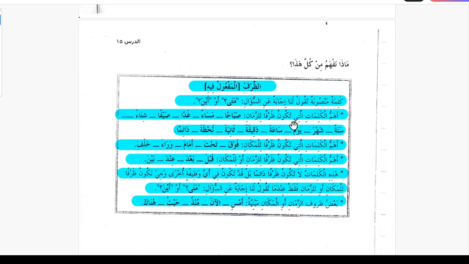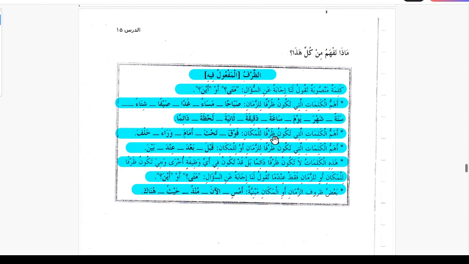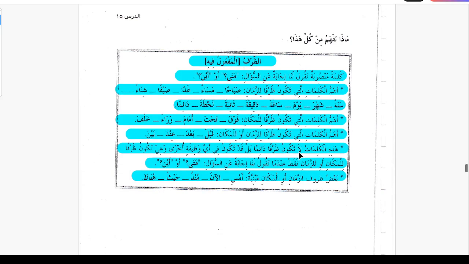The important words that are used as zarfu zaman are sabahan, masa'an, ghadan, saifan, shita'an, sanatan, shahr, yawm, sa'a, daqiqa, thaniya, lahza, da'iman. And there are some important words that are used as the adverb of place: fawqa, tahta, amama, wara'a, khalfa.